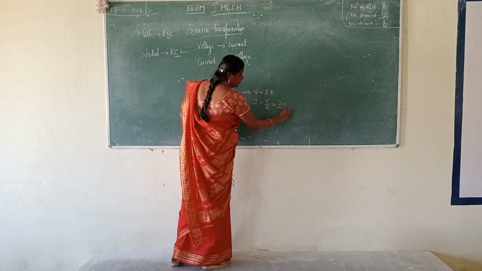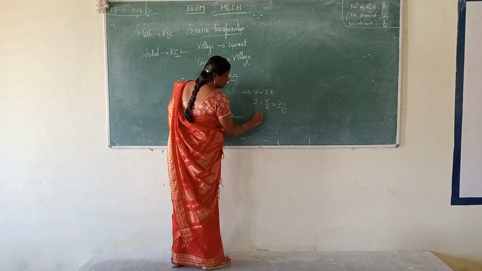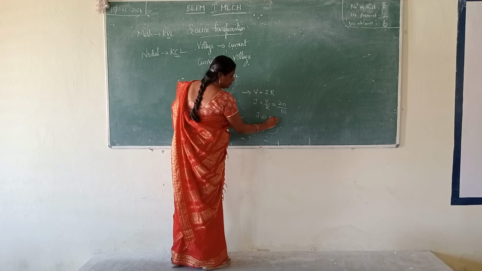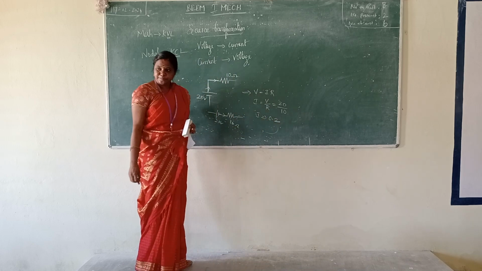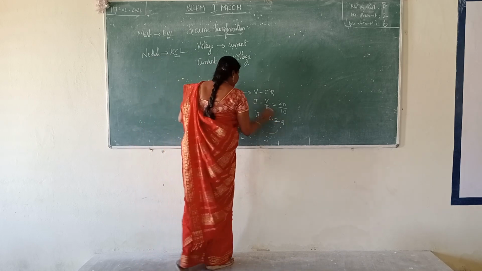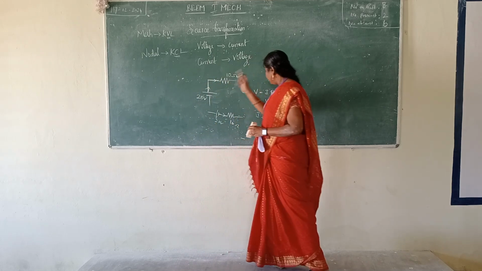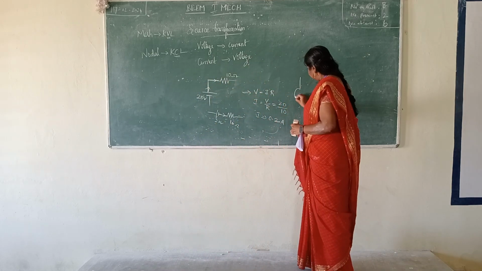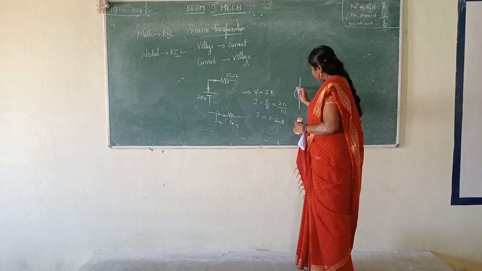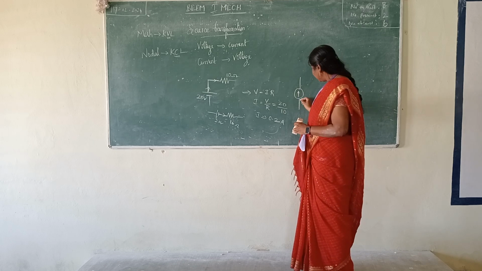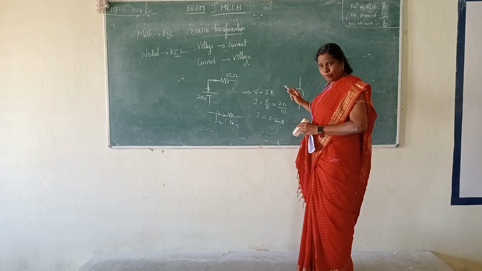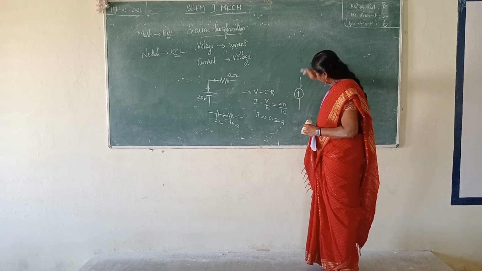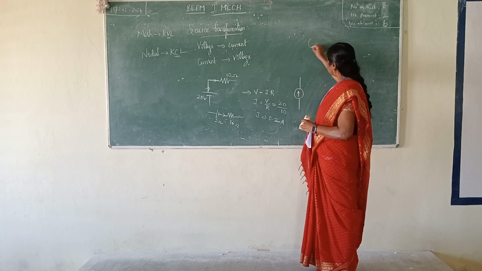So 20 by 10, it is 0.2 ampere. So I can redraw this voltage source as a current source like this. This is the symbol of a current source. The current source indicates the direction of current flowing, which means current is flowing in the upward direction.